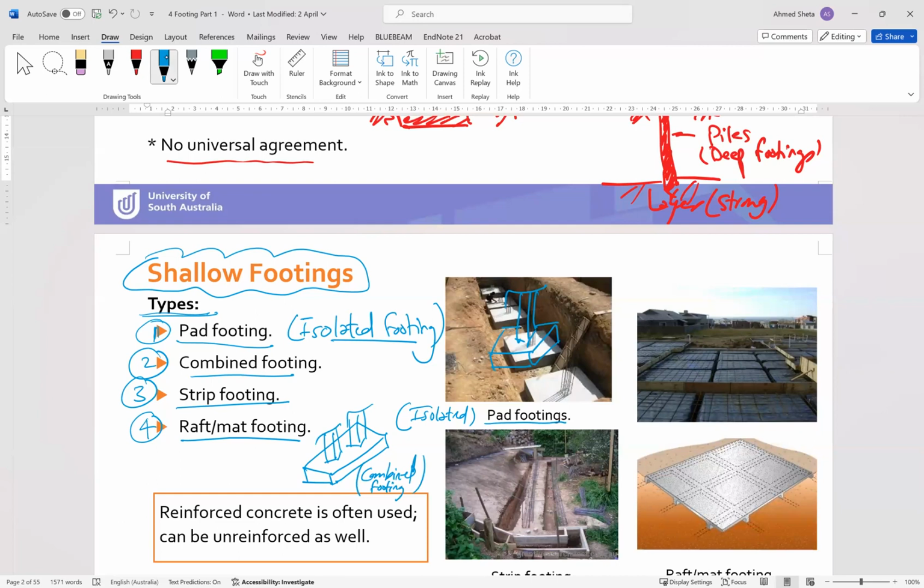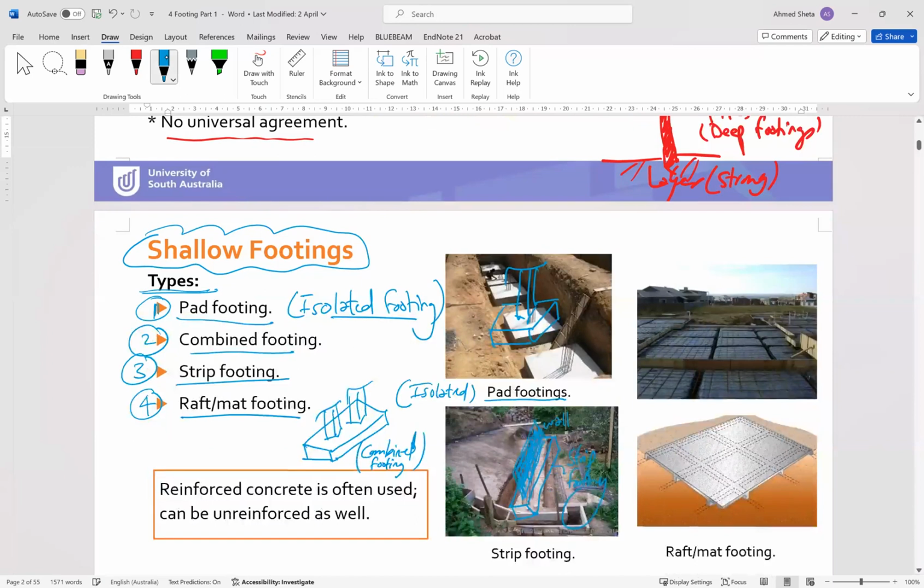Okay, this is an example of a strip footing under a wall or something like that. So you have a long footing like that, and then you have your wall on top. So the wall is continuous, and so is the strip footing. And this is an example of raft or mat footing.